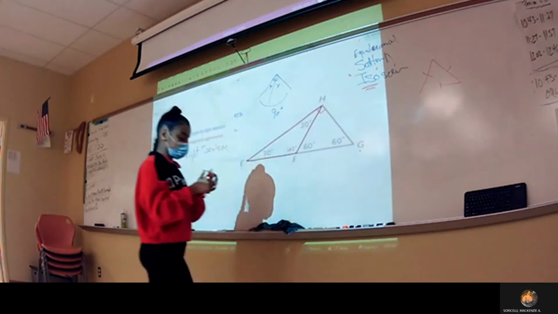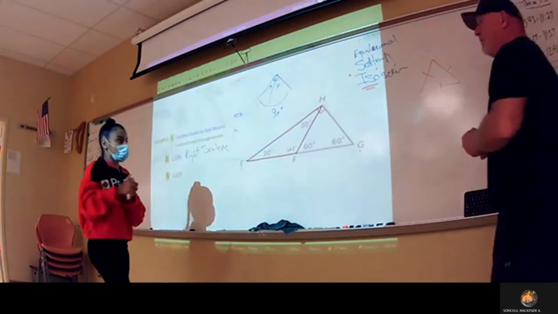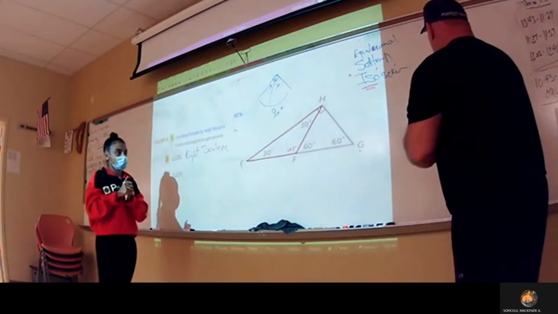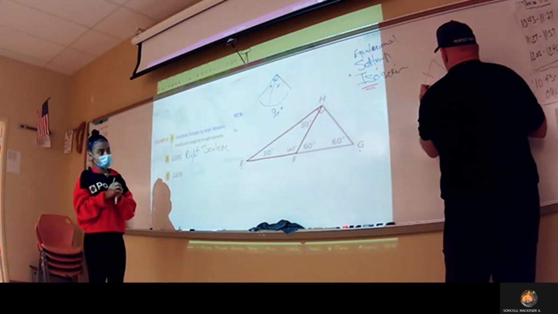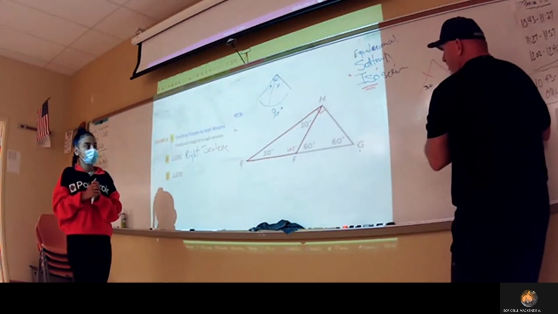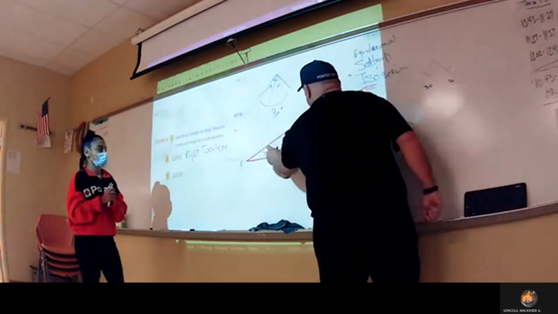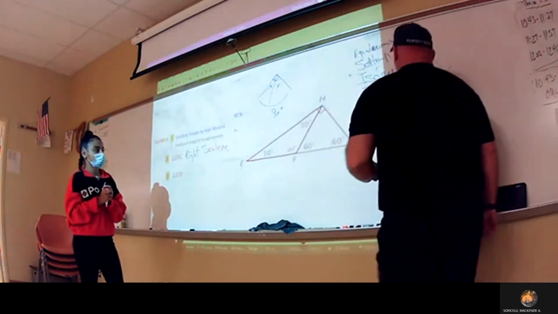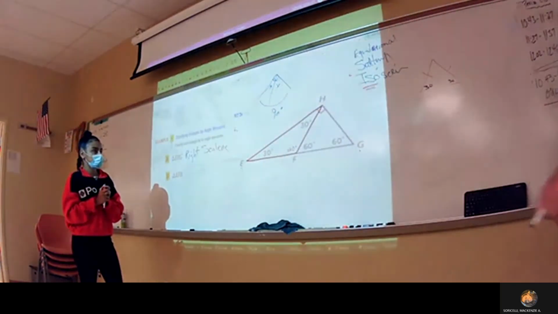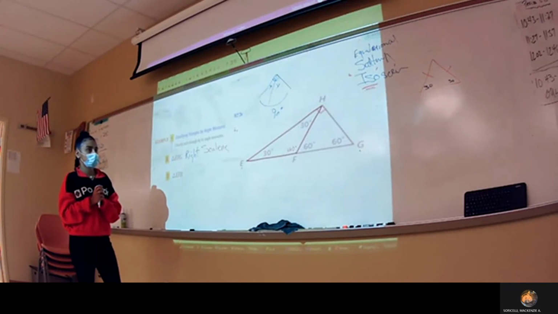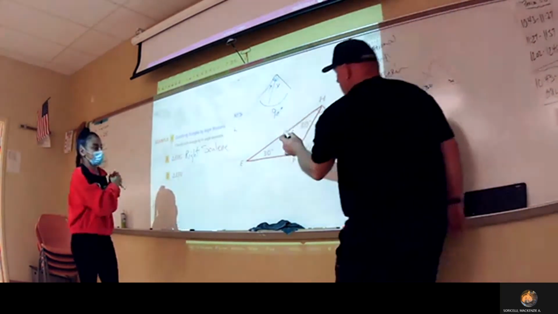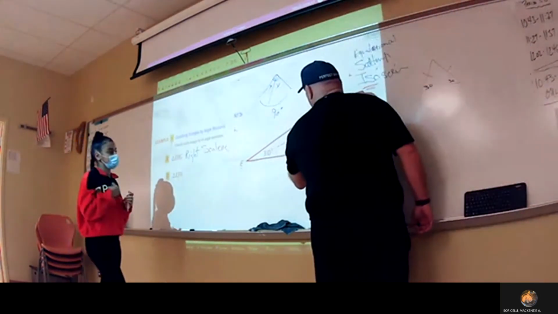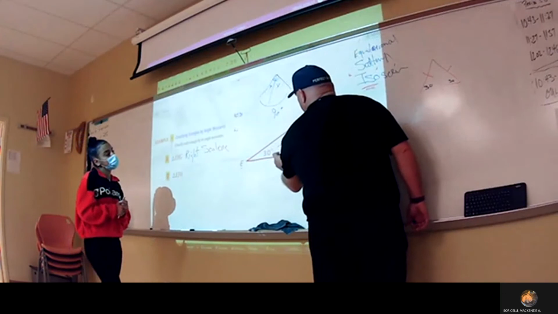Now, remember that opposite angle theorem that I gave you? So, if this angle is 30, and this angle is 30, what does that tell us about the opposite sides on that triangle? Remember, we're going here, and we're going here.